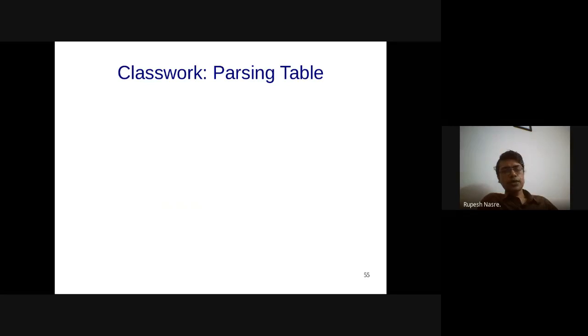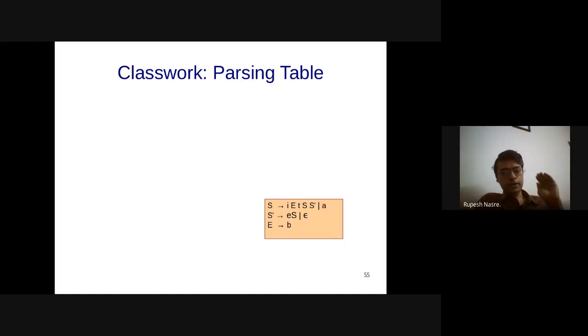Okay, so let's construct a parsing table for a particular example. The goal here is to use the predictive parsing table that we have constructed to parse an input, to create a parsing table for LL1 parsing.